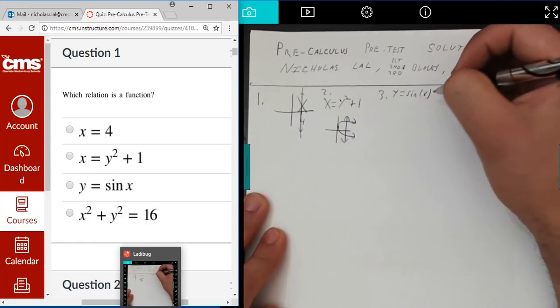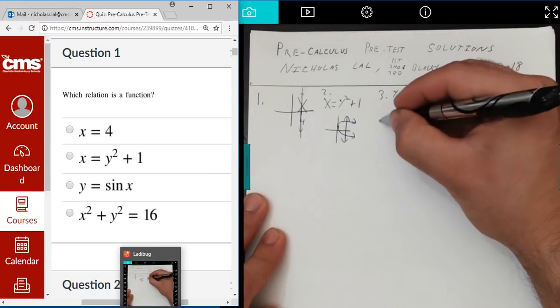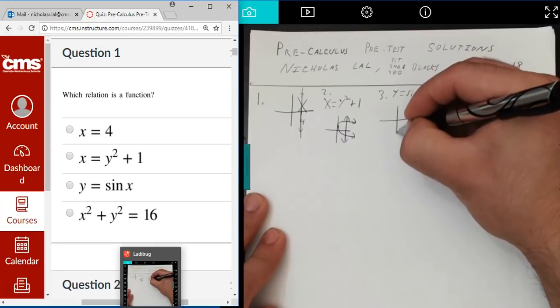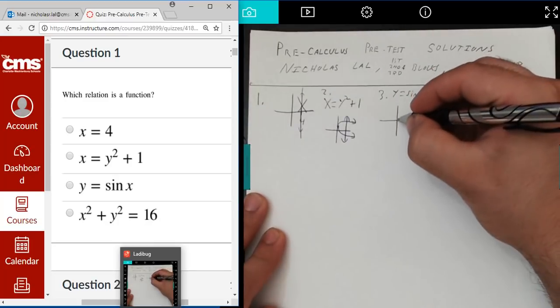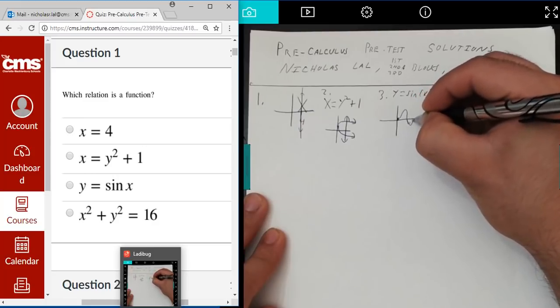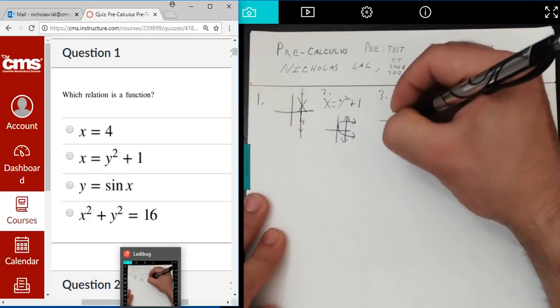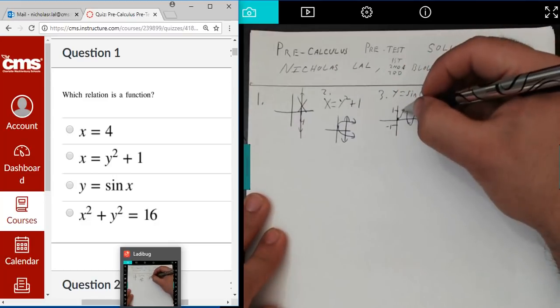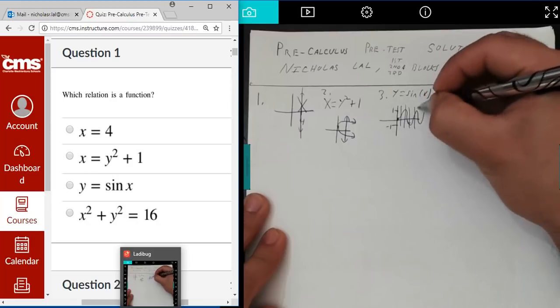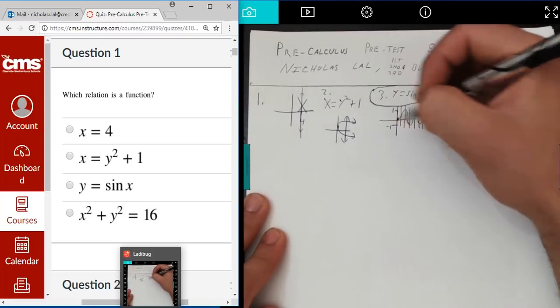Option number 3, y is equal to the sine of x. If you remember from math 3, the sine function is going to look something like this, oscillating between 1 and -1, and that's a function. It passes the vertical line test, so it looks like 3 is going to be your answer.